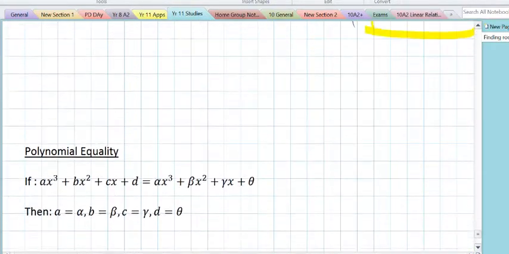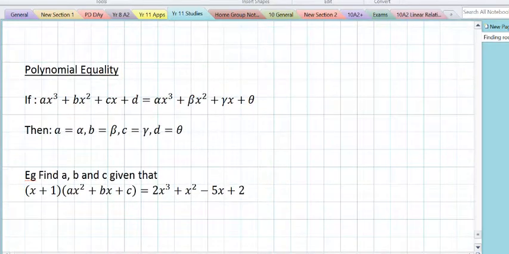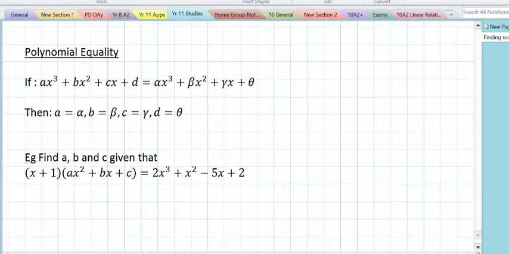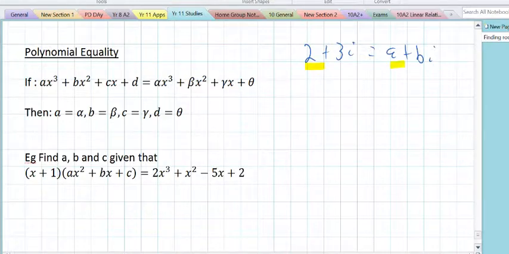Now, slight step away from that, because we'll need it for the final little section of this, is polynomial equality. Essentially, this is similar to equality of imaginary numbers, where if we had 2 plus 3i equals a plus bi, then we could say that 2 is equal to a and b is equal to 3. Same thing happens with polynomials, but it's called equating coefficients.